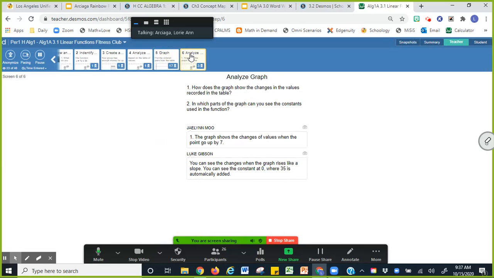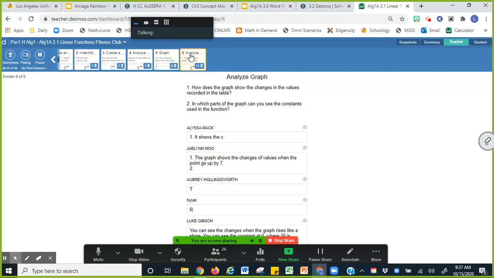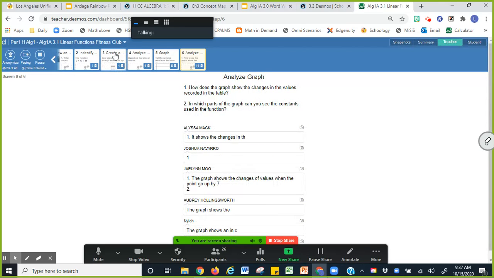For the last one, how does the graph show the changes in the values recorded in the table? So remember, you have to relate what you saw on the table and what you graphed.